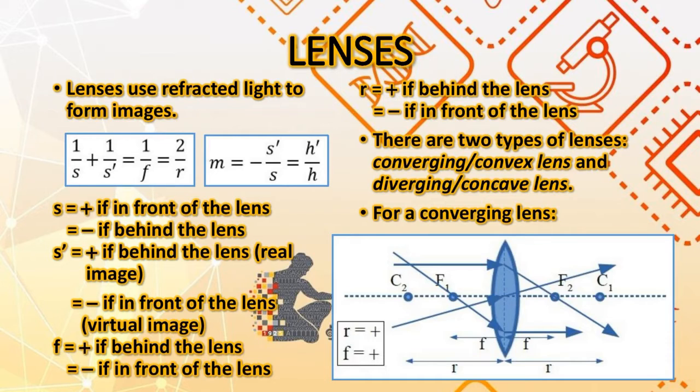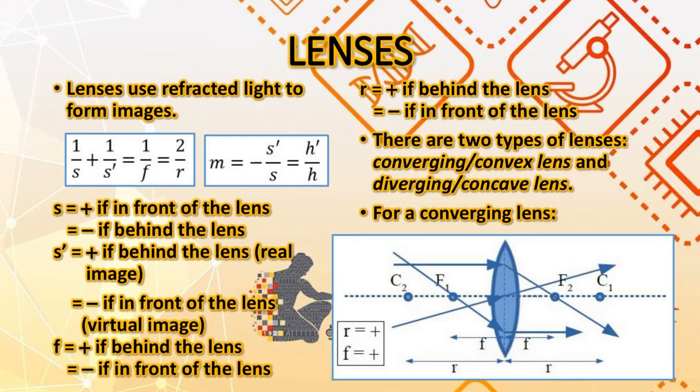S prime, image distance. S prime is positive if the image formed is behind the lens, and the image is called a real image. It stands to reason that the real image will be behind the lens because the image is formed by refracted light, and refracted light for lenses is always behind the lens, behind the refracting surface.